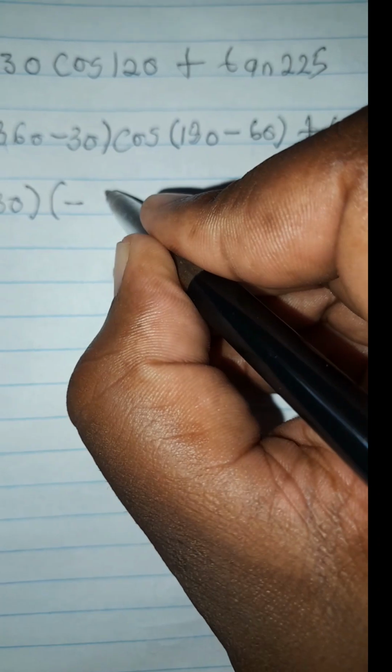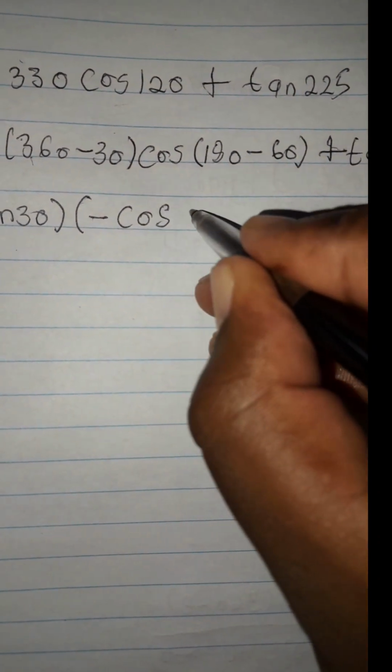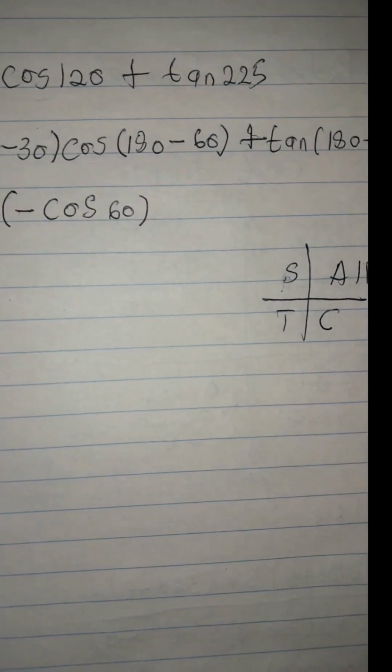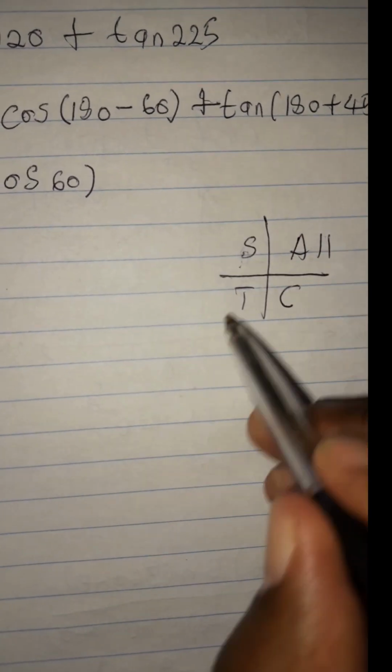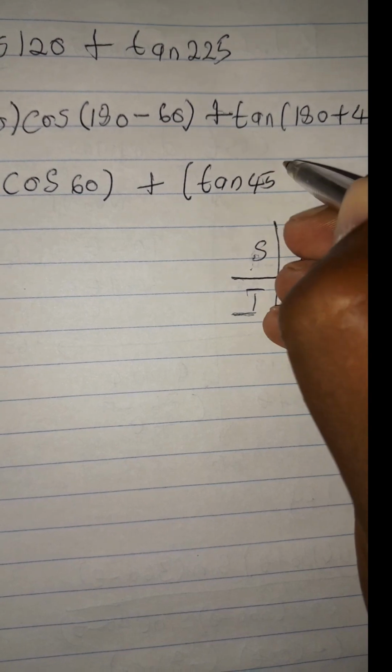So we are going to have negative cos 60. Cos is negative at the second quadrant. Now let's go to tan of 180 plus 45. That's the third quadrant. How is tan at the third quadrant? It's a home for tan, so it will definitely be positive tan 45.